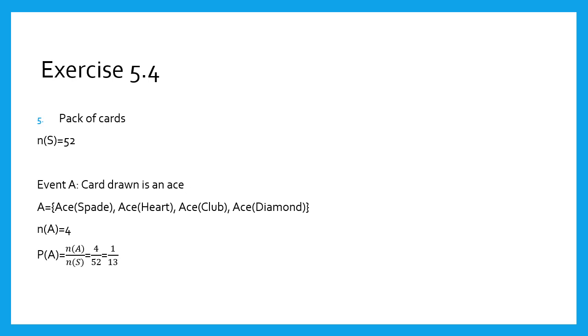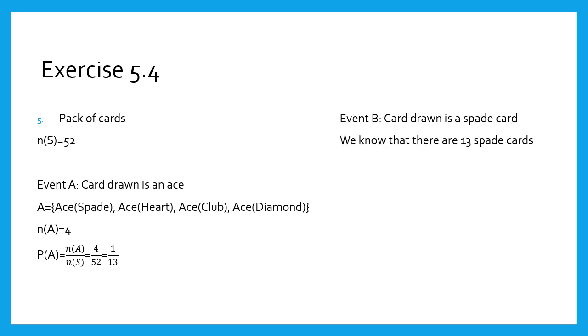Next event B. The card drawn is a spade. There are 13 spade cards. Any one of them can be drawn. Therefore, n(B) = 13.